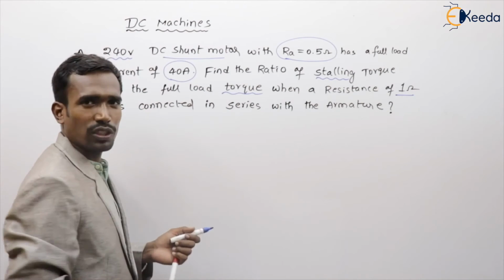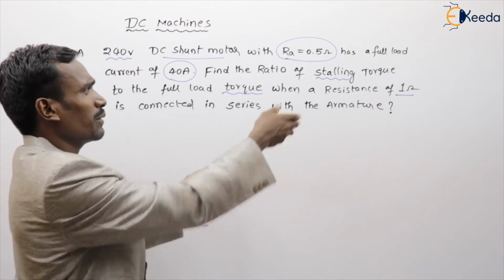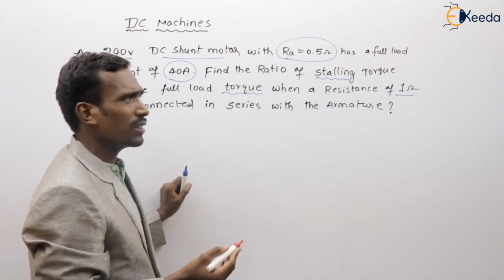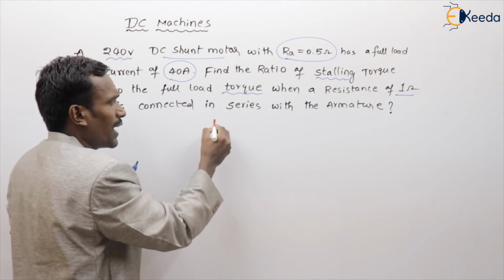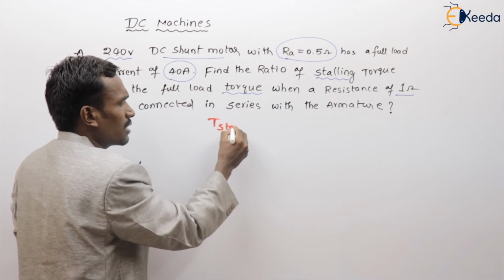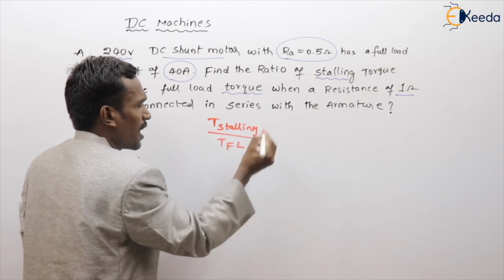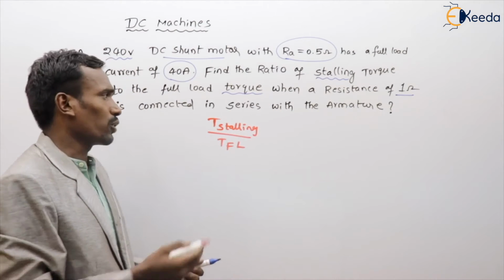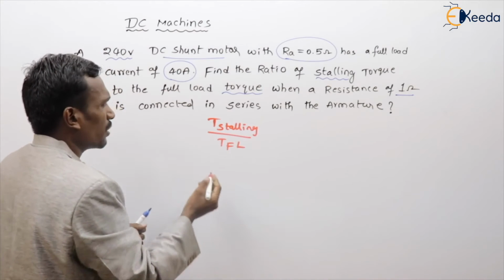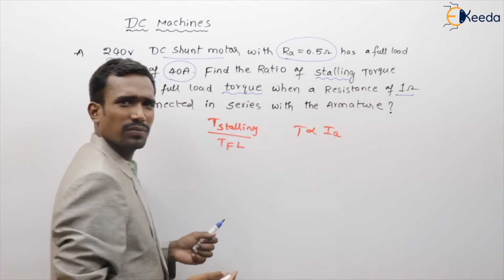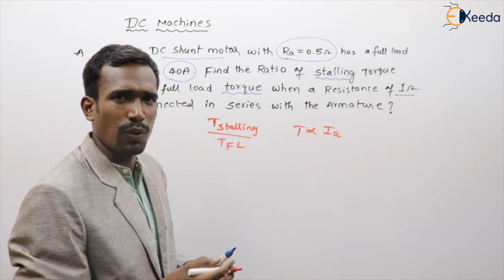This is the question. Let's see what the answer is. Generally, a DC shunt motor is given, and we have to find the stalling torque to the full load torque. We know that torque is directly proportional to Ia.